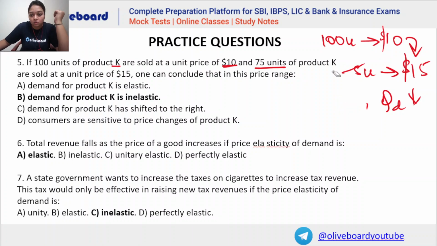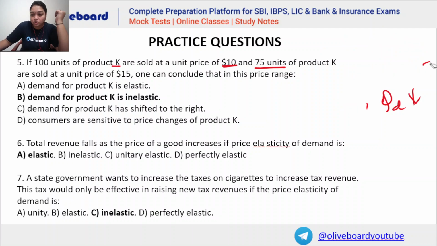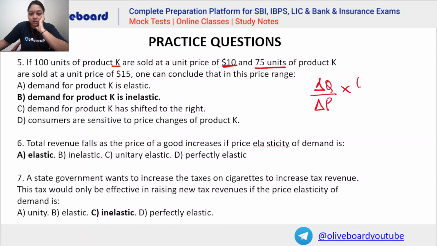So we have the initial quantities, we have the changes and everything. So let us solve the problem using the same formula. The formula is delta Q by delta P into P by Q. So what is the change in Q? 25. What is the change in P? 5. What is the initial price? Initial price is 10.